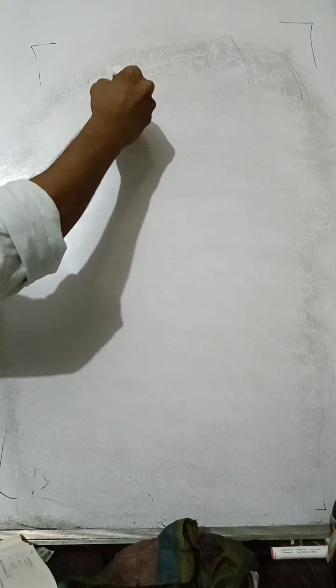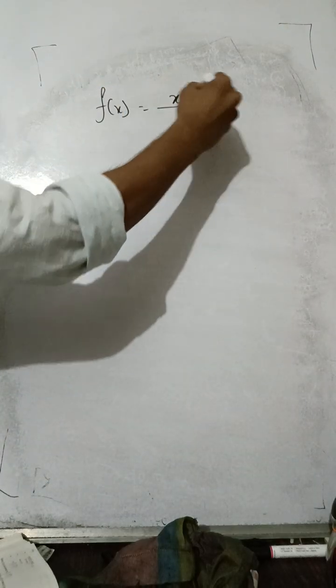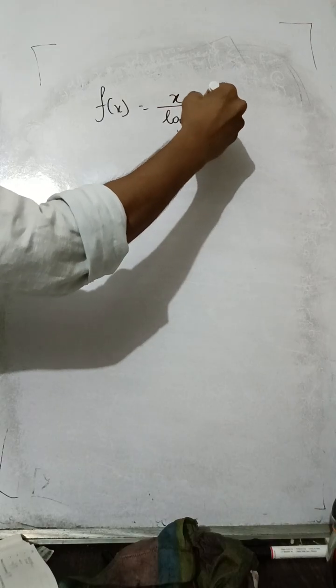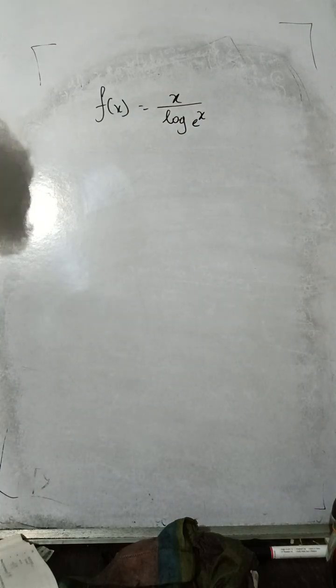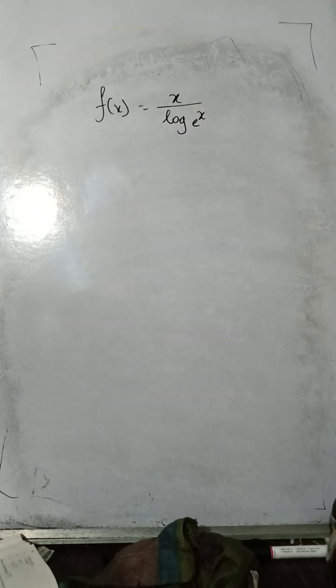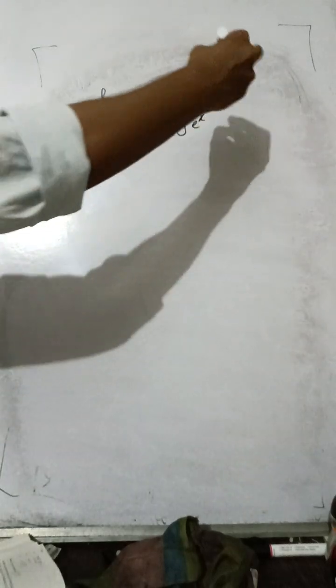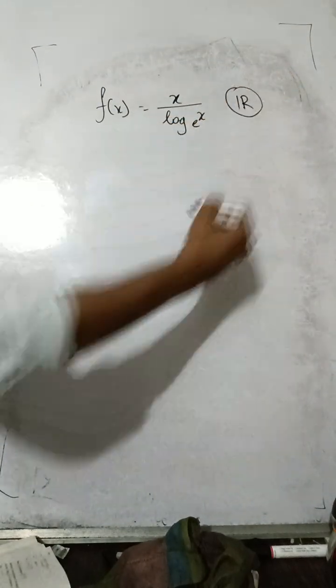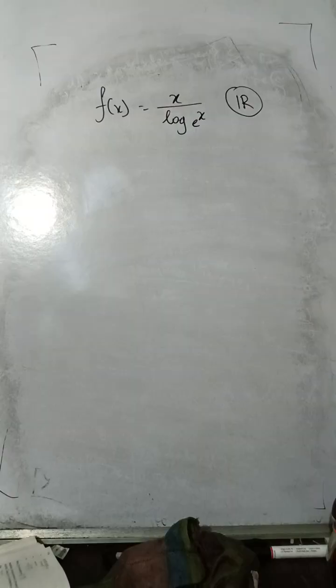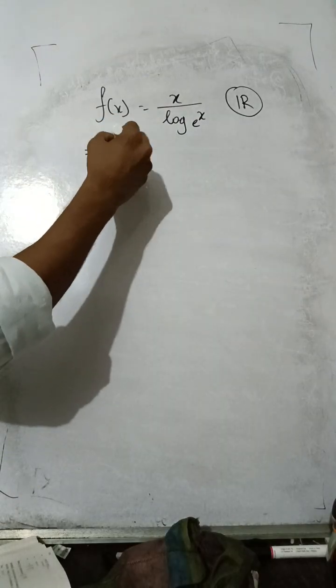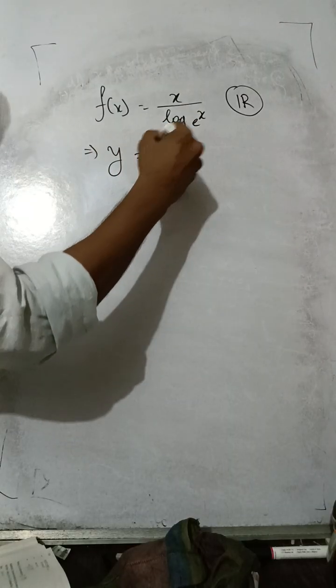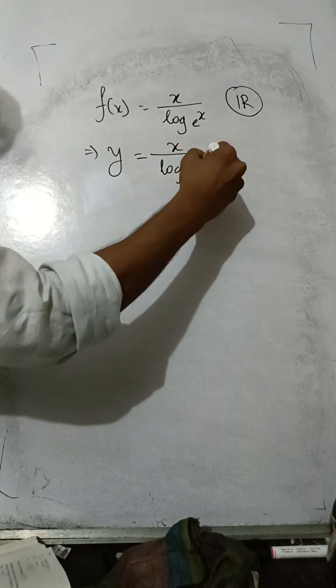Let f(x) be equal to x by logarithm of x base e, and we have to say where it is increasing and where it is decreasing. We have the entire real line. So what is f dash x first of all? So y is x by logarithm of x base e.